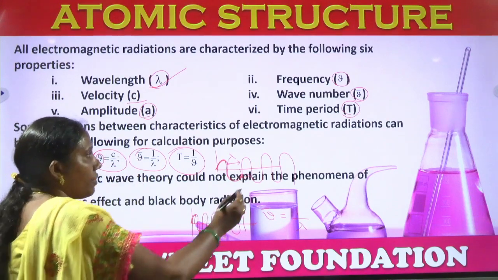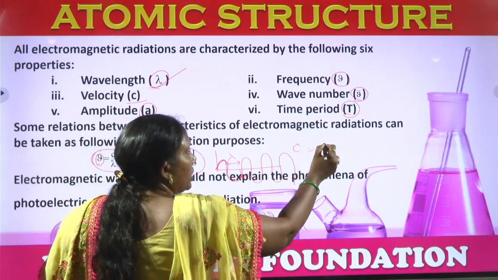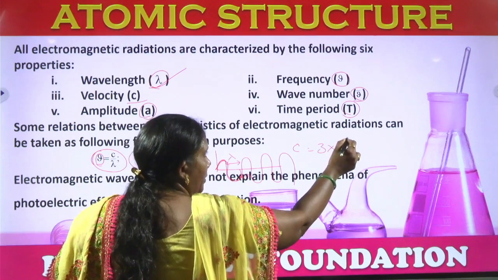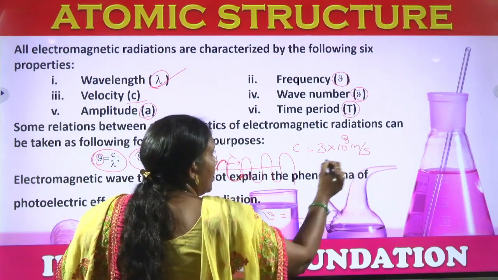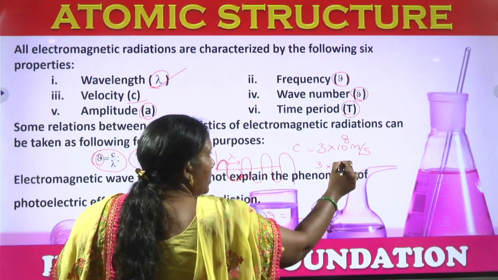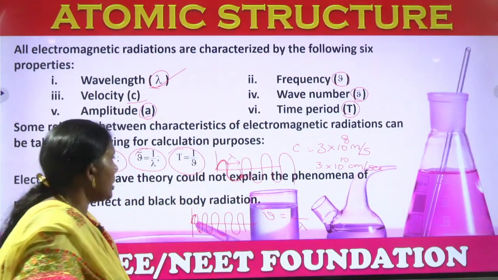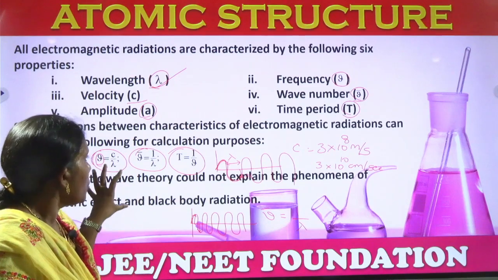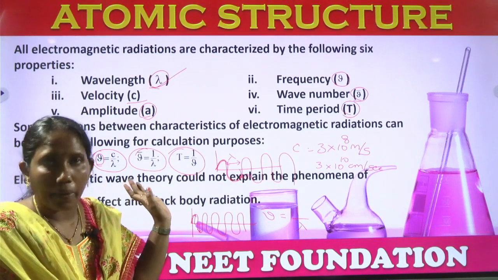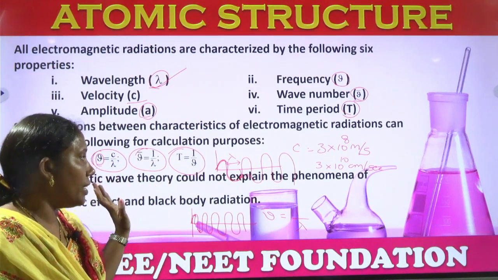This velocity of light value will be c equal to 3 into 10 to the power of 8 meters per second, or 3 into 10 to the power of 10 centimeters per second. So this is the velocity of light. Okay, so based on this we can do some applications on the electromagnetic radiation.